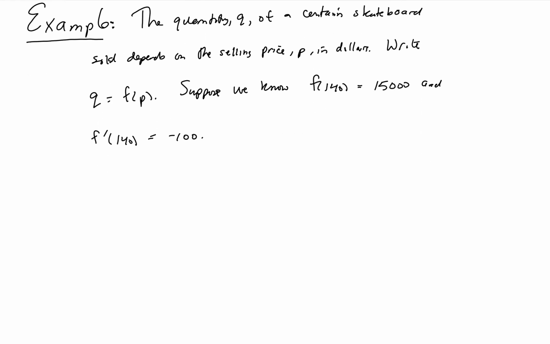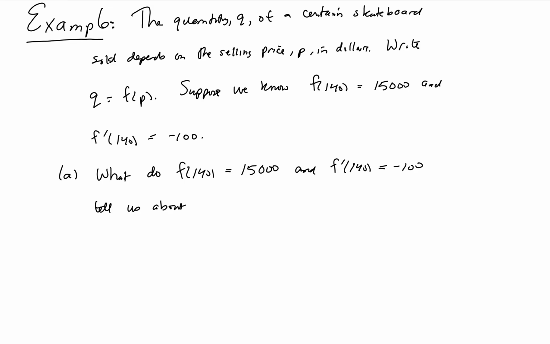So for the first one, say what do F of 140 equals 15,000 and F prime of 140 equals minus 100 tell us about the sales of skateboards?